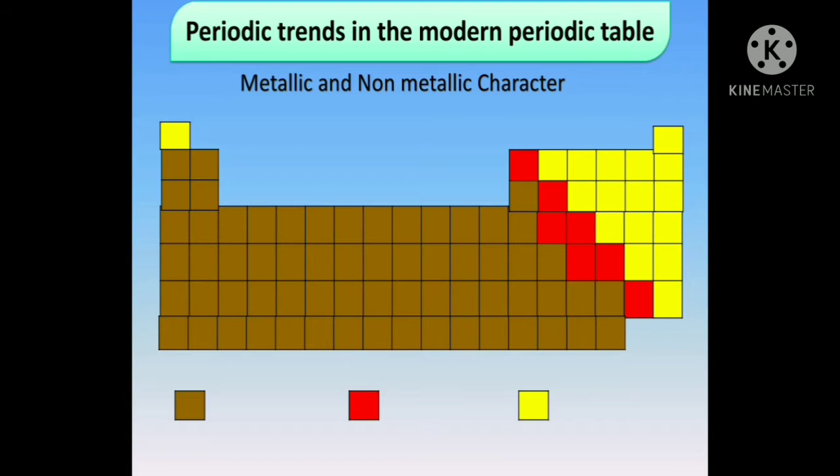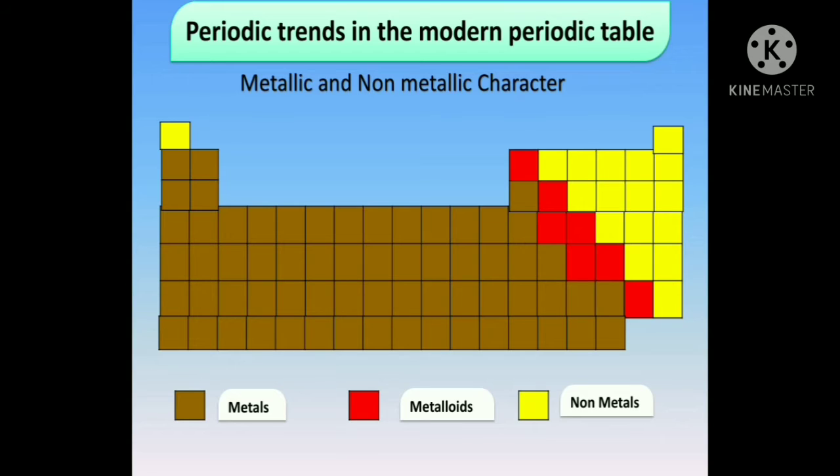This is just an outline of modern periodic table where the color differences are given to show metals, metalloids and non-metals. With this, we come to know that metals are placed on the left side of the periodic table.